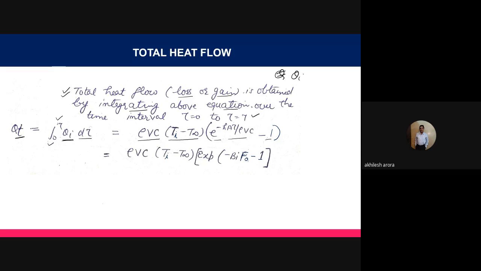This integration you can try yourself, it's quite easy. The final answer comes out to be rho Vc Ti minus T infinity, exponential of minus Biot number into Fourier number, minus 1. Yes, it has to be in a bracket here. So this is the final answer for the total heat flow.